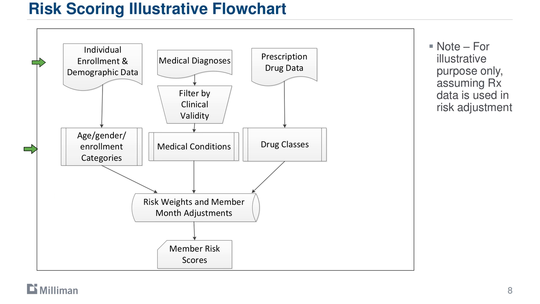After filtering, in the second stage, the age, gender, and enrollment categories will be created. So these are what we call dummy flags. So yes and no flags of whether or not that member is in age 0 to 1 male or 35 to 44 female, and so on. As well as medical conditions here.